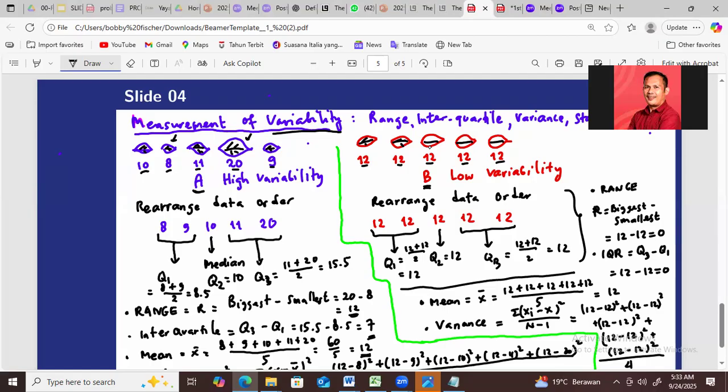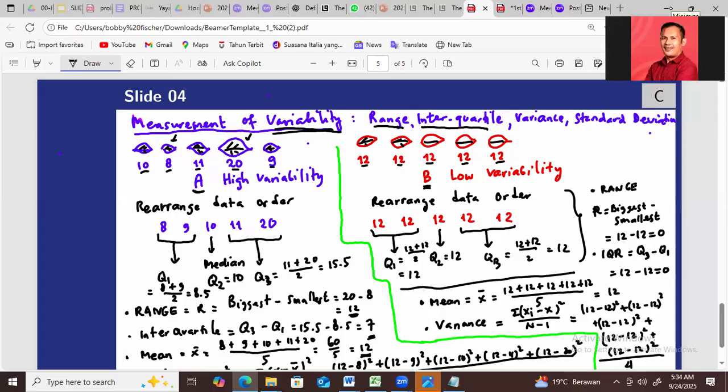Okay. So to measure the variability, we can use the range, the interquartile range, or sometimes we call it IQR, or we can use the variance, and we can also use the standard deviation.